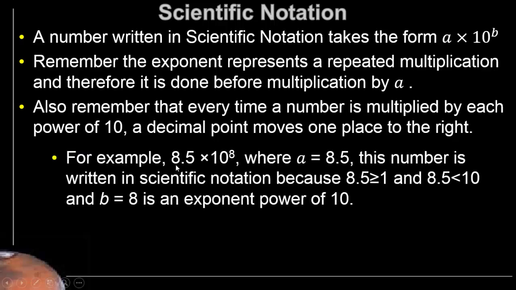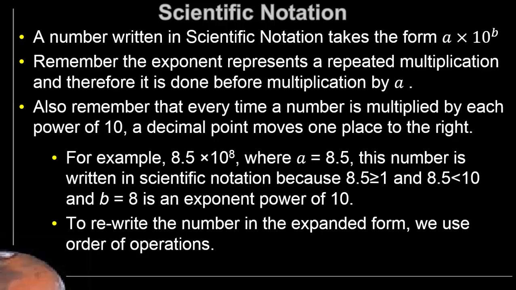For example, 8.5 times 10 to the 8th, where a is 8.5, is written in scientific notation because 8.5 is greater than or equal to 1 and less than 10, and b is equal to 8, the exponent, the power of 10.